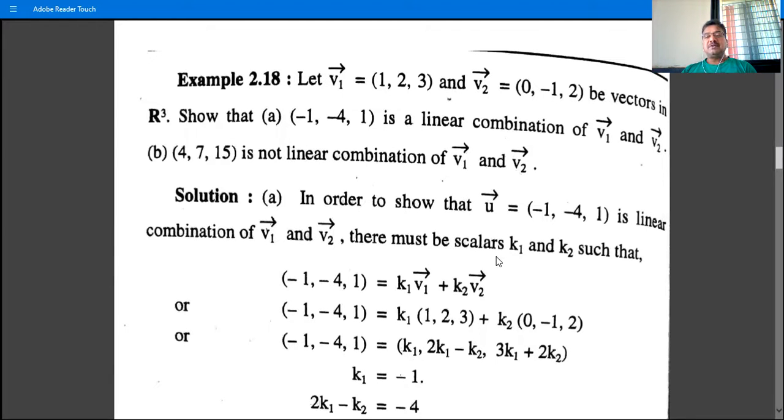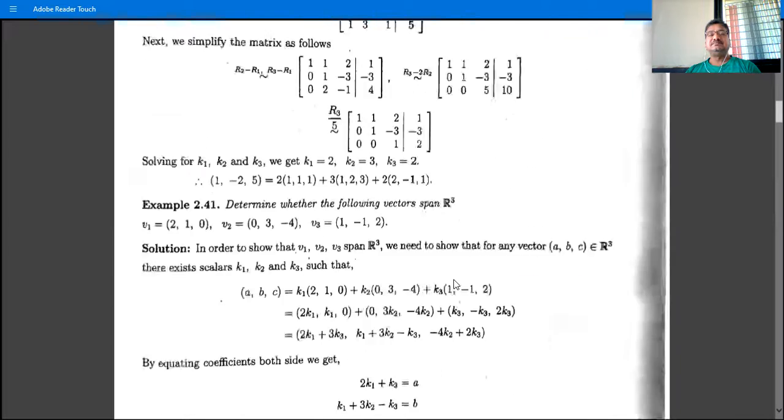So if I have to express a single vector as a linear combination of two vectors, then take two scalars. So the first sentence is what? Let K1 and K2 be scalars such that U bar is equal to K1 V1 plus K2 V2. And if I have to express one vector as a linear combination of three vectors, then your first sentence is: let K1, K2, K3 be scalars so that U bar is equal to K1 V1 plus K2 V2 plus K3 V3, like this.